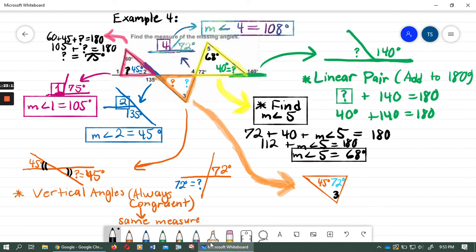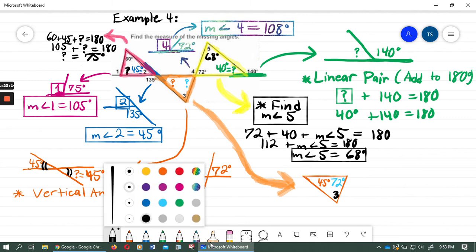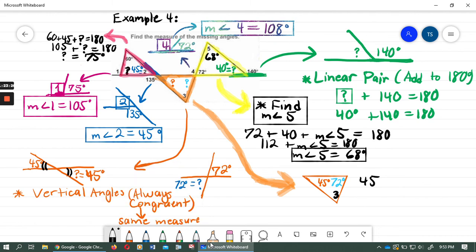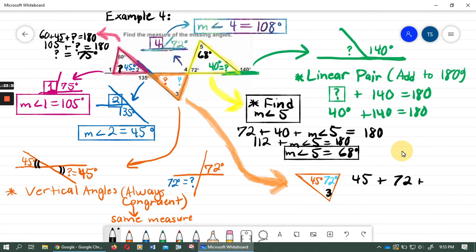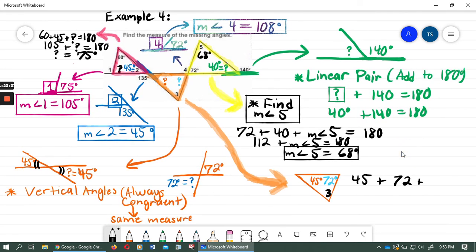All right. So again, I'm not going to take up much more video time here. We're going to look at one more example after this. But again, all three of these angle measurements here add to 180 degrees. Plus the measure of angle 3 equals 180.